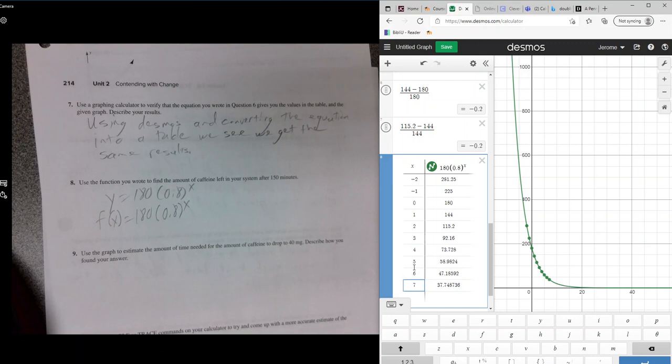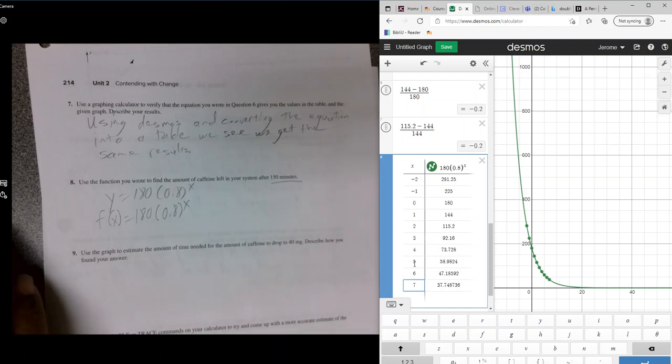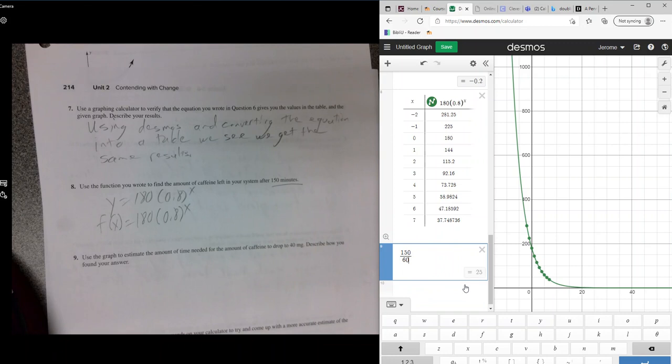You could take your Desmos calculator and take 150 divided by 60, because it's 60 minutes in an hour. So 150 minutes divided by 60 minutes will give you 2.5 hours. So we have f of 2.5 is equal to 180 times 0.8 to the 2.5 power.